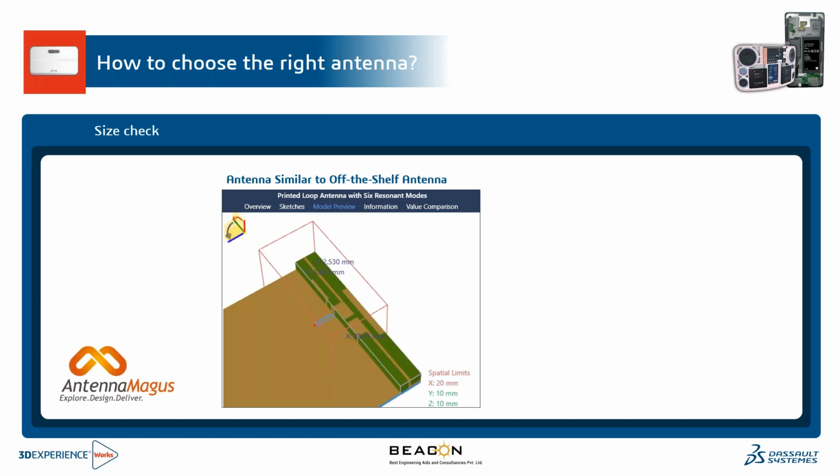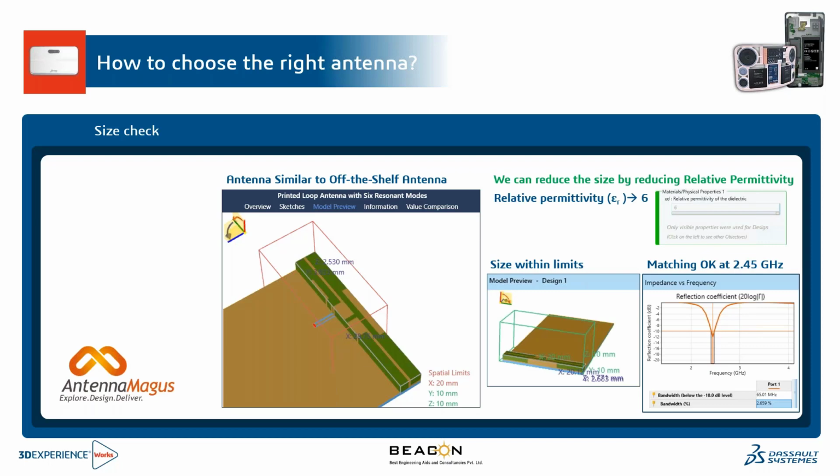Next, once we check the size, similarly here there is one antenna which is similar to an off-the-shelf antenna, where we can reduce the size by reducing the relative permittivity within Antenna Magus. Based on the requirement, we can modify the design and also match the frequency we are looking for.